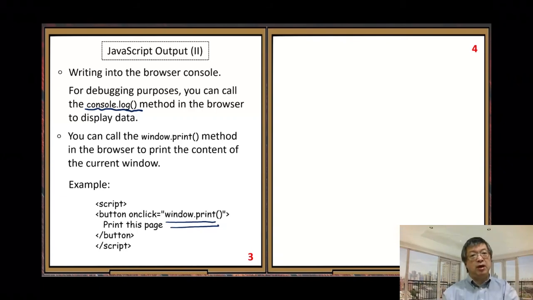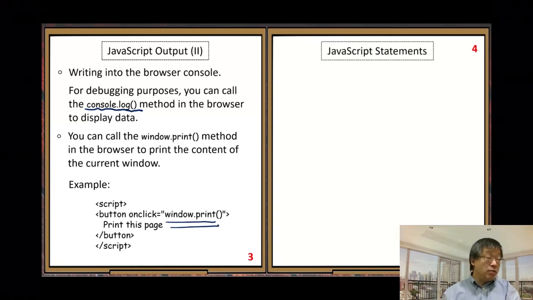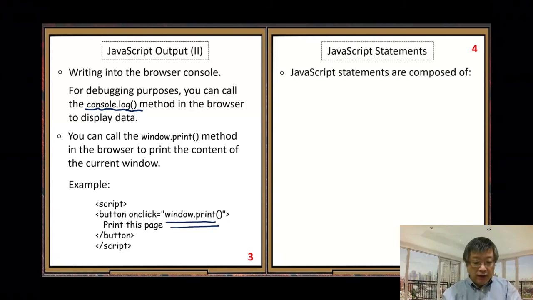Debugging purpose. All right. So next, JavaScript statements. Some basic rules for JavaScript statements. First, JavaScript statements are composed of values, operators, expressions, keywords, and comments. This part is very similar to Java.